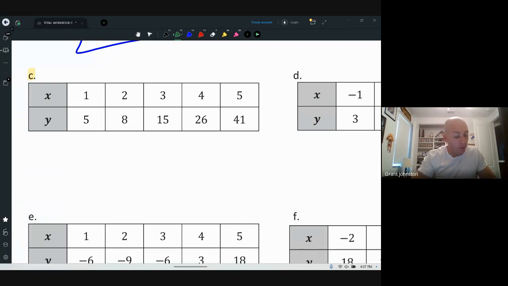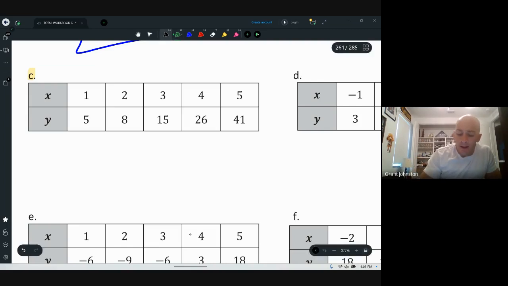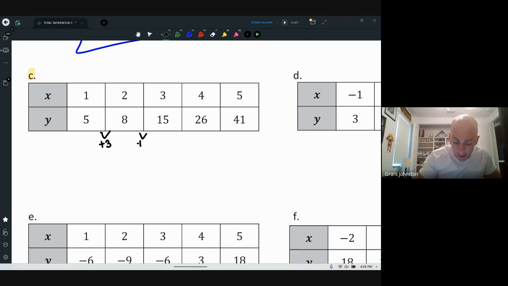I don't know. If I do 8 divided by 5, it's 1.6, but 1.6 times 8 is not 15. It's definitely not a multiplication pattern, so it's not exponential. In terms of its pattern here, this goes up 3, and then it goes up 7. So it's definitely not linear either.